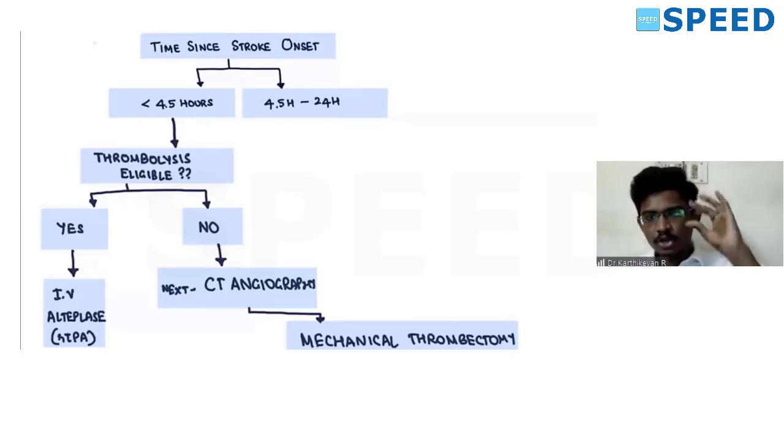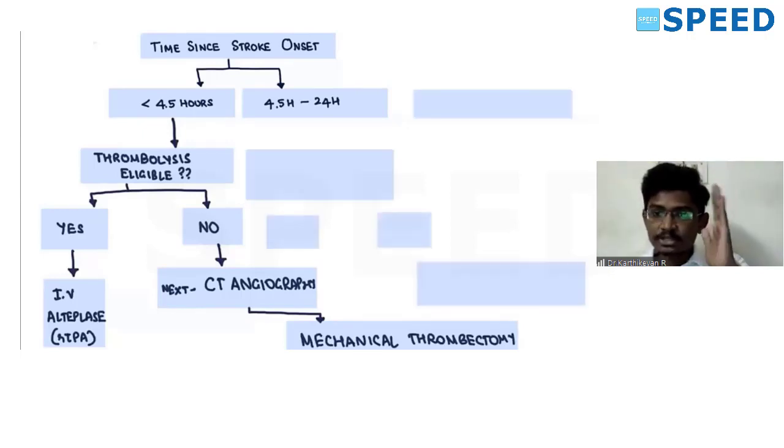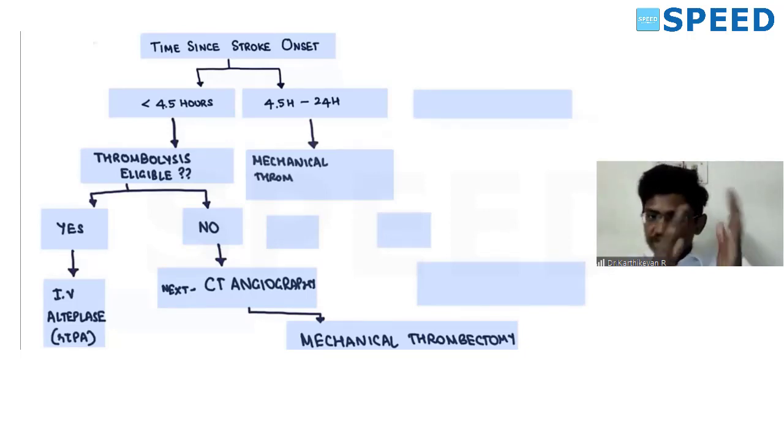In CT angiography, you localize where the clot is, and through a guide wire and interventional procedures, you can suck out the clot. This is mechanical thrombectomy. Only in those patients who are not eligible for thrombolysis within the window period, you can go for mechanical thrombectomy. So this is for the patients who come within the window period.